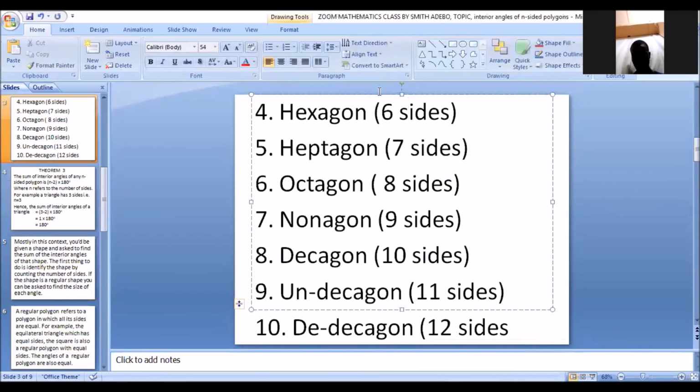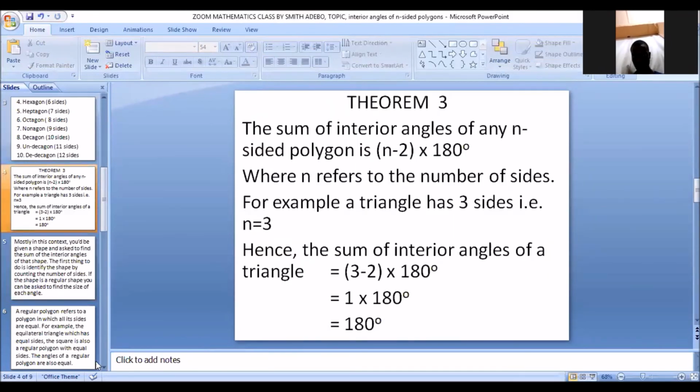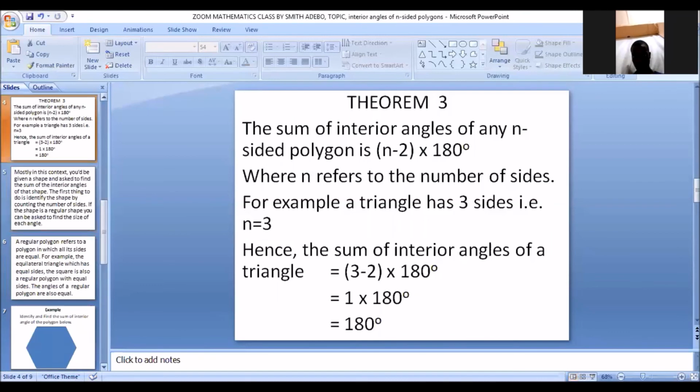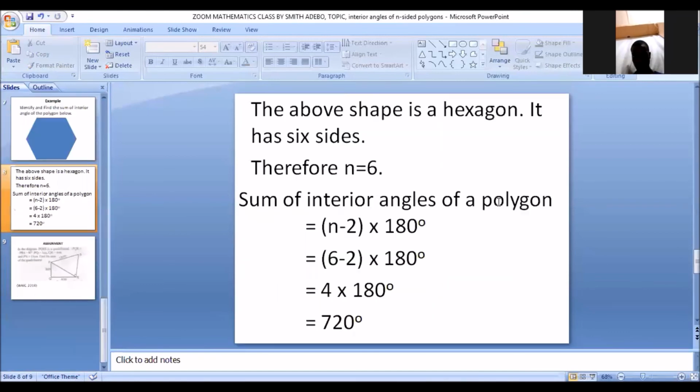And I told you that any plane shape or any polygon that has 6 sides is called a hexagon. Meaning, if you're asked to identify this plane shape now, you should know that it is a hexagon. It has 6 sides. And n in this formula, n minus 2 times 180 degrees, represents the number of sides.